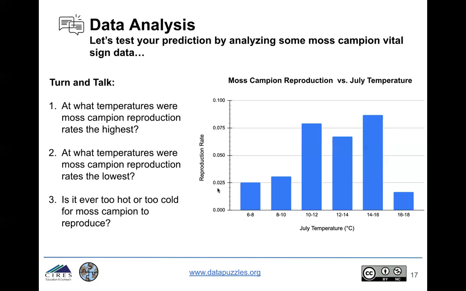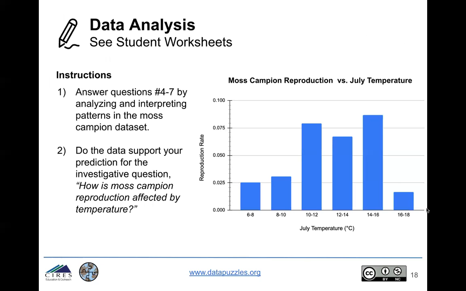But these moss campion plants, their reproduction rates are actually doing better with rising temperatures up to a certain point, the tipping point, around 16 degrees Celsius here, where beyond that, we're not seeing that rise in reproduction rates. We're seeing that precipitous decline and kind of expecting that decline to continue in a warming climate.